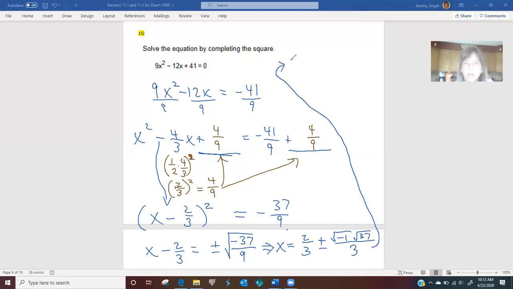So from here I have x equals, do you see how this is going to have an i with it? Whenever you have an i, you've got to have a real part and an imaginary part. So you cannot put them together over the common 3. Do you understand? We're going to have to leave this like this, square root of 37 over 3 i.